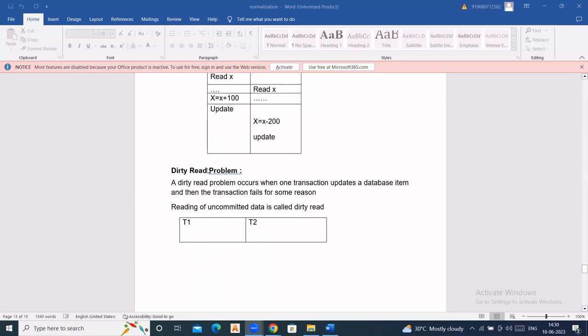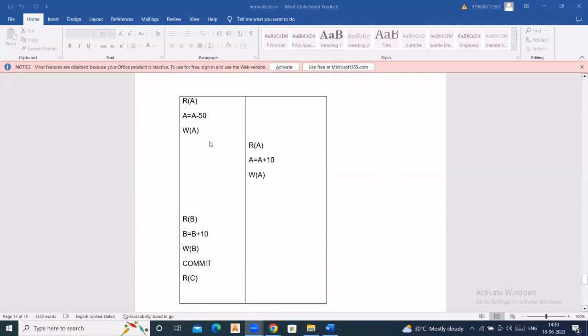Now what is dirty read problem? A dirty read problem occurs when one transaction updates a database item and the transaction fails for some reason. In short, in my words, dirty read is reading of an uncommitted data. Uncommitted data, what does that mean? Whenever we perform a transaction, we know that you have to write commit. Commit means save.